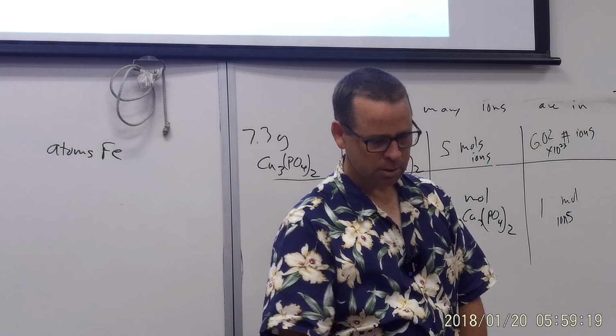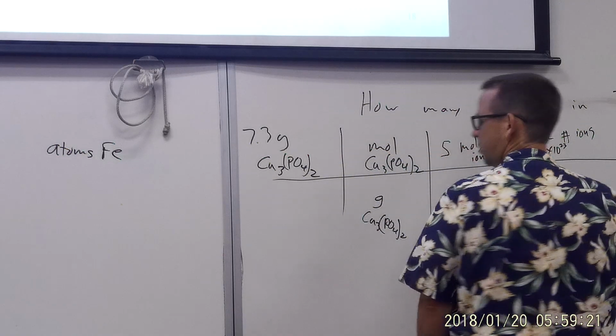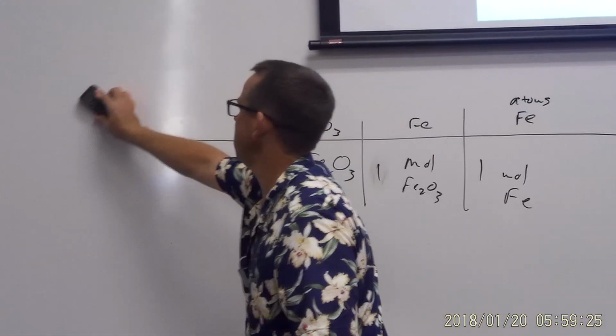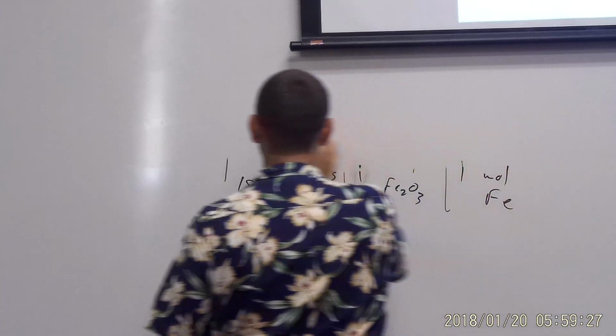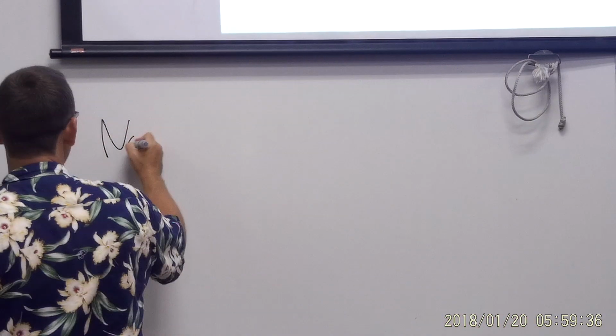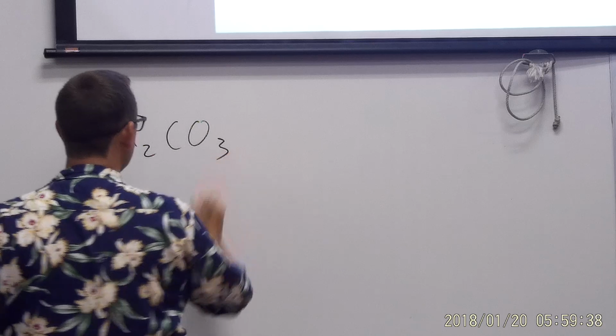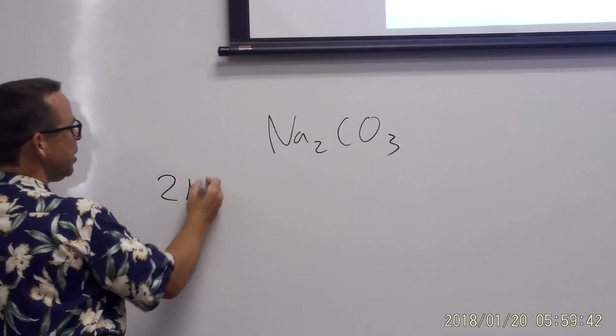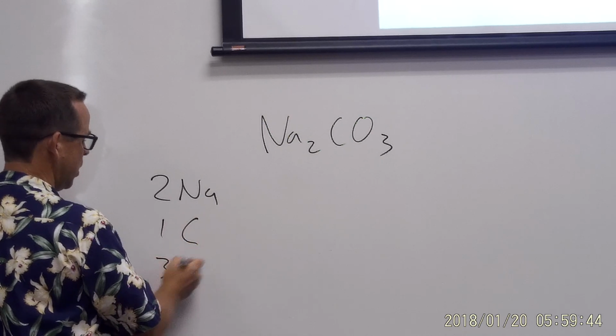Another important principle that becomes valuable to us in the future is the idea of percent composition of a chemical. Now, when we say percent composition, if I look at Na2CO3, I might be tempted to say I have 2 sodiums, 1 carbon, and 3 oxygen.